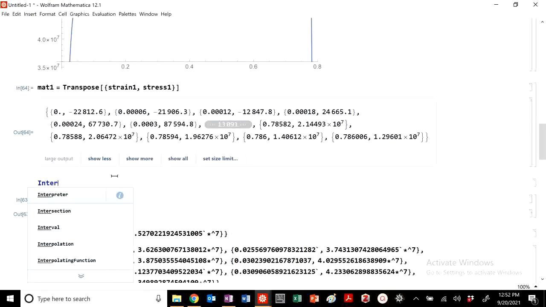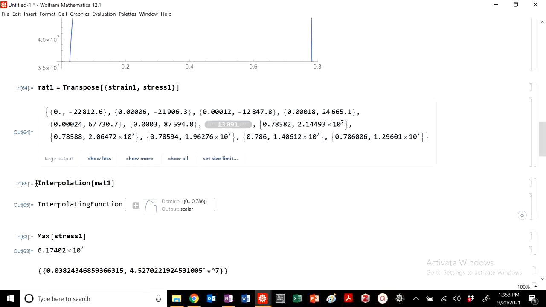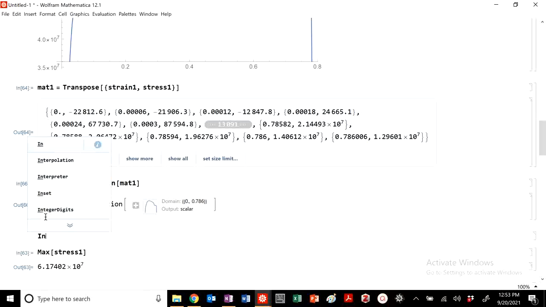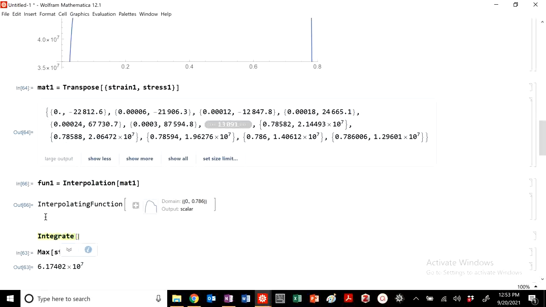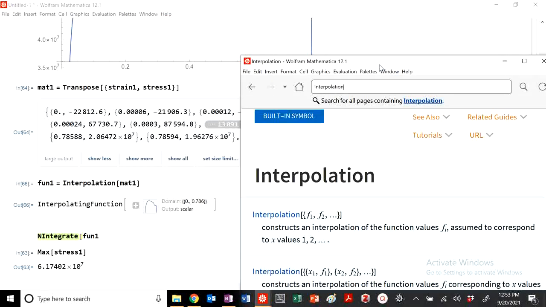I'm going to do interpolation. So here's my interpolation function. This is my fun1. So I need to integrate fun1. Actually, let's look at the interpolation, then we can look at some integration.